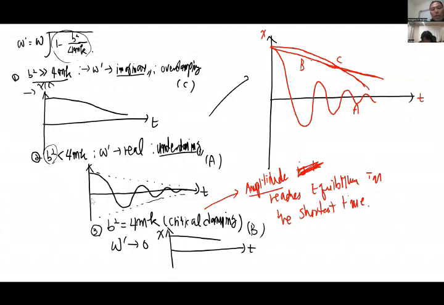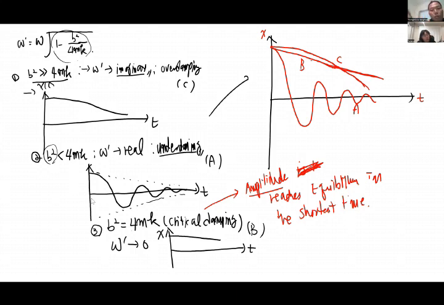If the viscosity or frictional term squared is the same as the mass times the spring constant multiplied by 4, then that is the condition for the system to quickly reach equilibrium and stay in static motion without any up and down oscillating pattern. So that is the typical solution for damped harmonic oscillation.